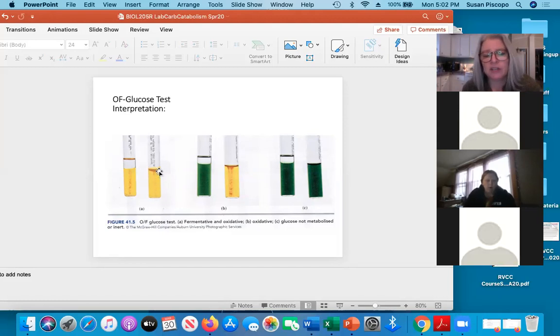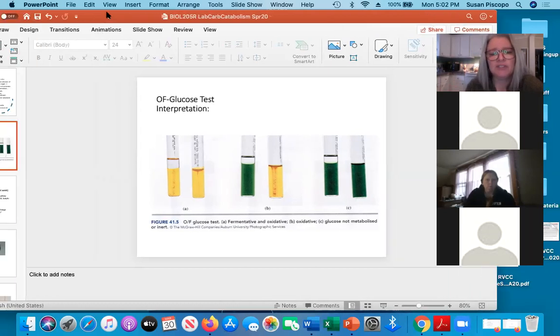So this is an organism that's both oxidative and fermentative. This organism is oxidative because it's turned the media yellow in air, but it's not fermentative because the media has not turned yellow under oil. And over here, we have an organism that didn't use the glucose at all, essentially, because we don't see that yellow color in either tube.